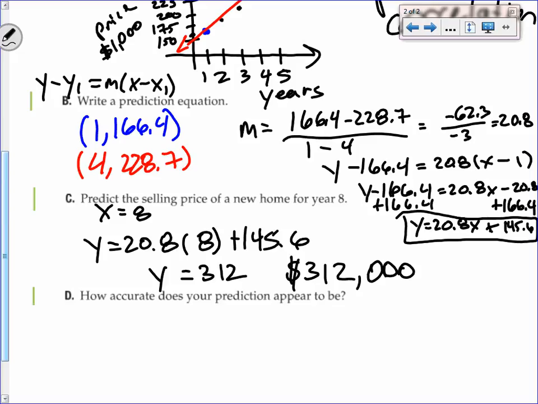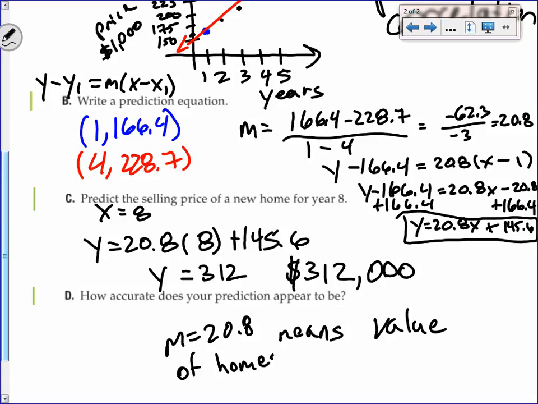Wow. So how accurate does your prediction appear to be? All right, so the values of homes, what does the slope of 20.8 mean? Think about what that means. If our slope is 20.8, that means the value of homes is increasing.